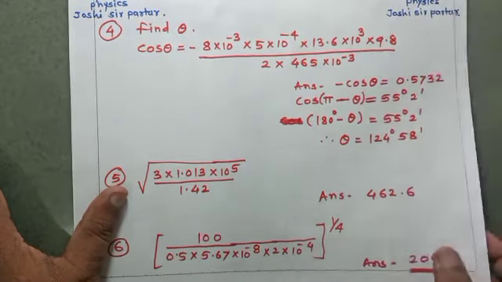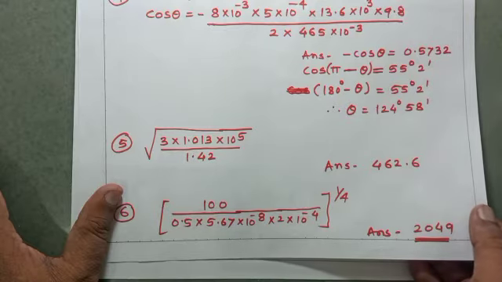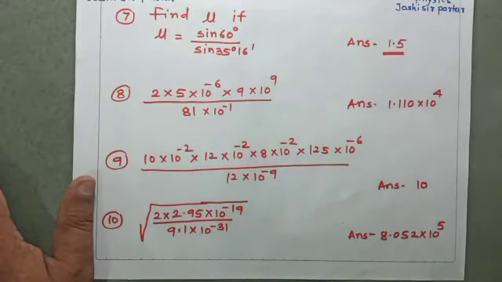Answer is given. 100 upon 0.5 multiplied by 5.67 into 10 raised to minus 8 into 2 into 10 raised to minus 4 bracket raised to 1 upon 4. Answer is given. So here find mu. If mu equals sine of 60 degree upon sine of 35 degree 16 minute, then answer is given.